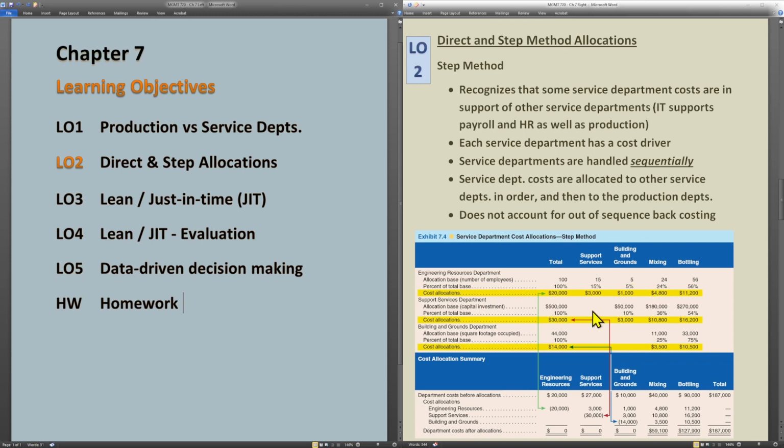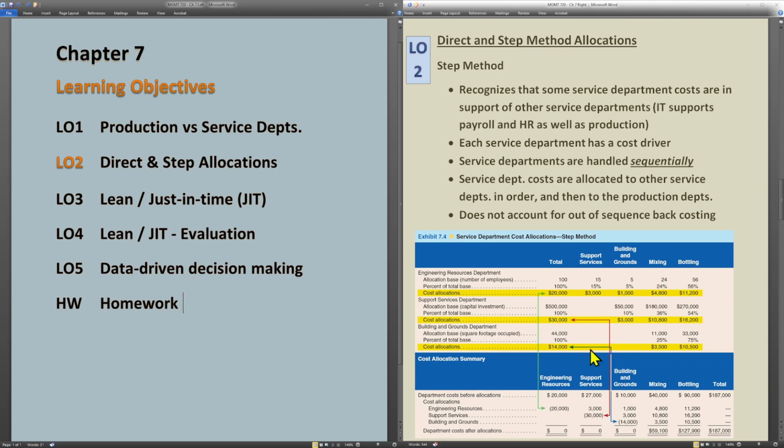The support services only supports the building and grounds plus the 2 production, and building and grounds only supports the 2 production. So you notice it doesn't support either of these. And we'll talk about what happens when you do have these other linkages. That's the next method that we don't use, but we just discuss.